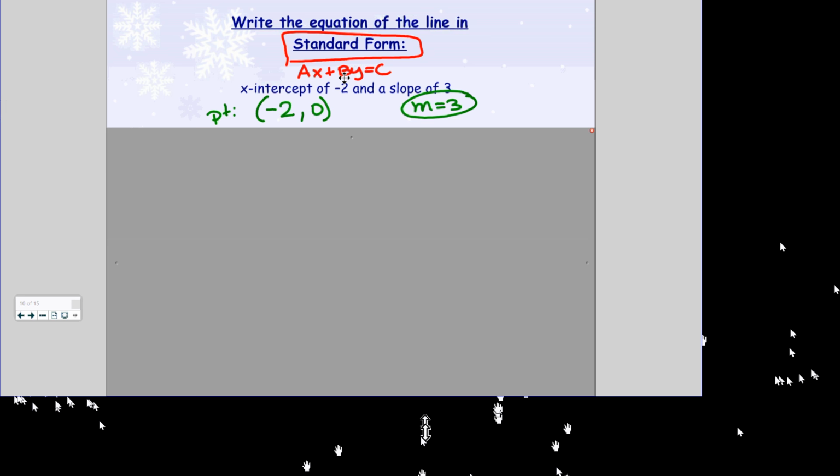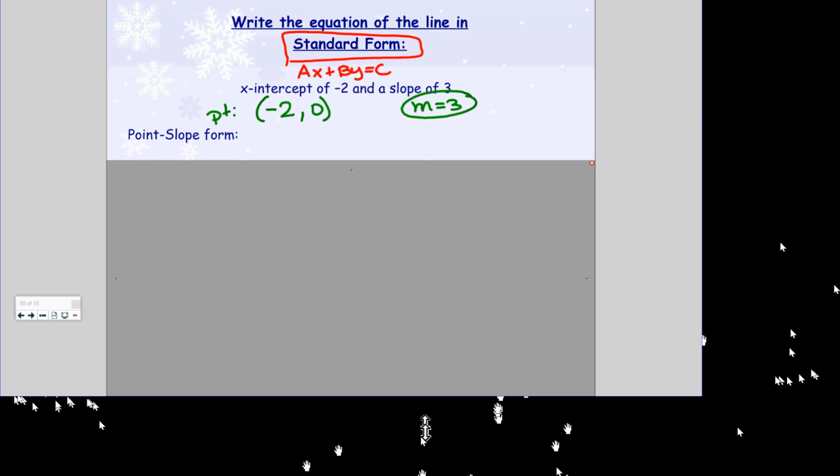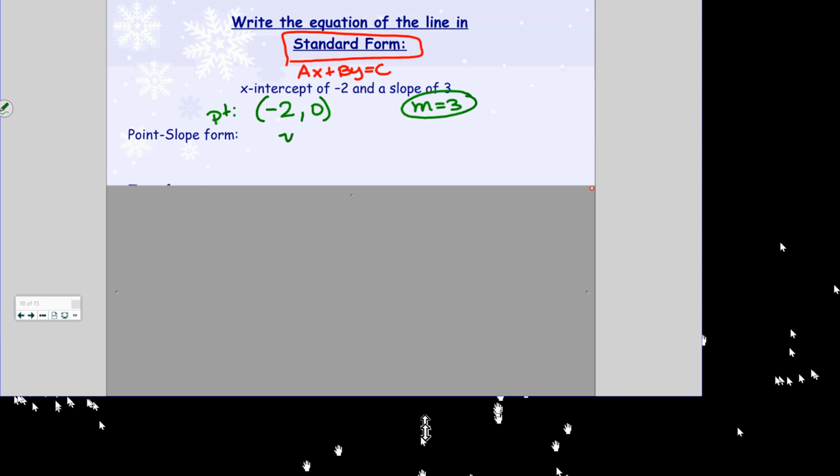So I want you to take a moment and write these pieces of information into point-slope form. I guess we could set it up together. Let's set it up together, and then I'll let you go from there. Oops, x1. There we go. Okay, so filling in minus a -2 is really +2.